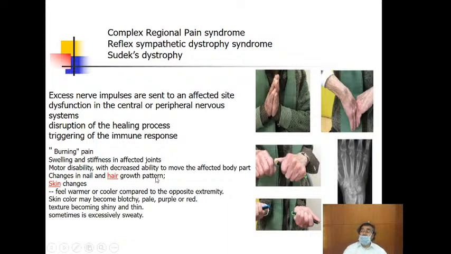Changes in the skin and in hair growth can also be seen, and sometimes the skin color may become blotchy, pale, purple. So many things can occur in this patient. A simple wrist fracture, and if you are unfortunate, your patient will have any of these things, and it's hell for the patient as well as for you.